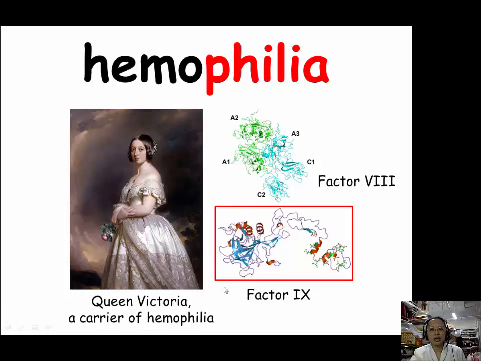She has a mutation on factor 9 and passed it on to her son Leopold, and also through some of her daughters, because the European royals liked to marry each other to make their connections tighter. So through her daughters, she passed the hemophilia B gene to the royal families of Spain, Germany, and Russia.